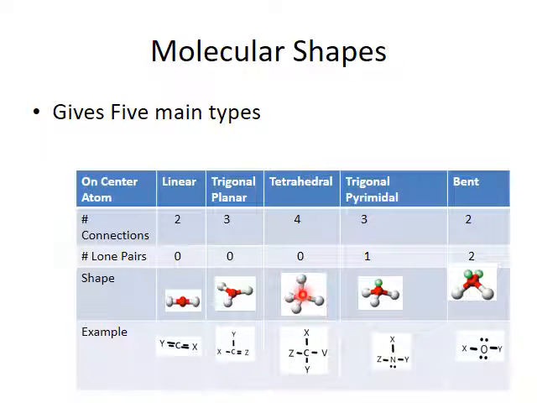Okay, so the next one, the center atom, and it doesn't have to be carbon, it could be any atom here. The center atom now has 4 different things attached to it. Now this one is kind of hard to visualize.